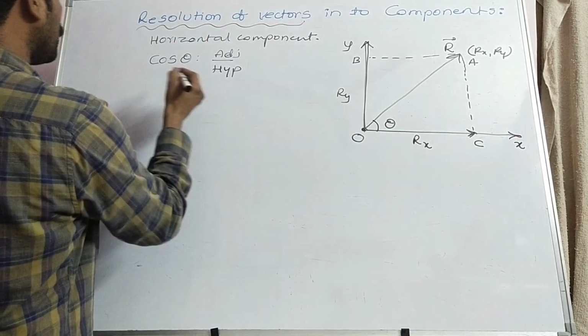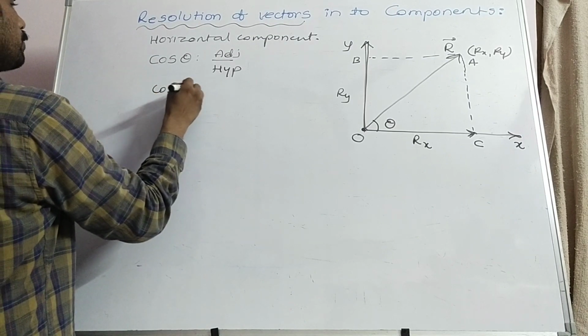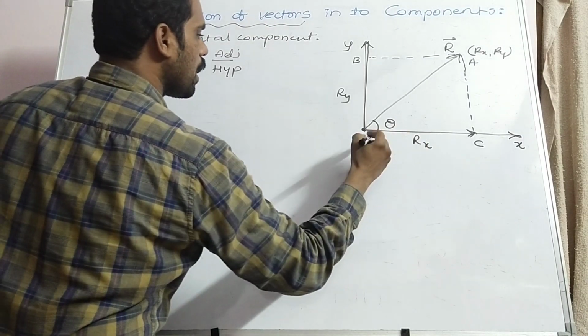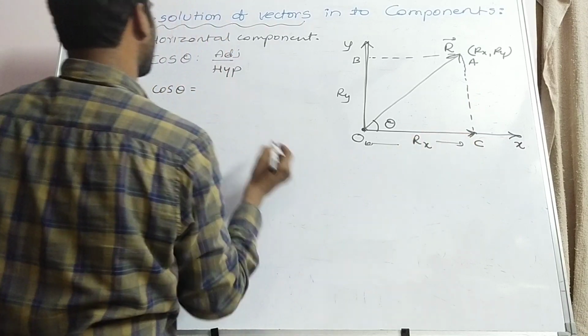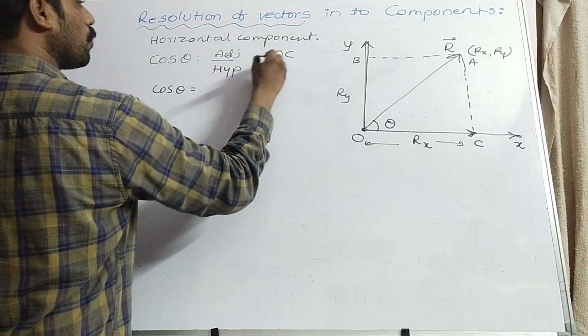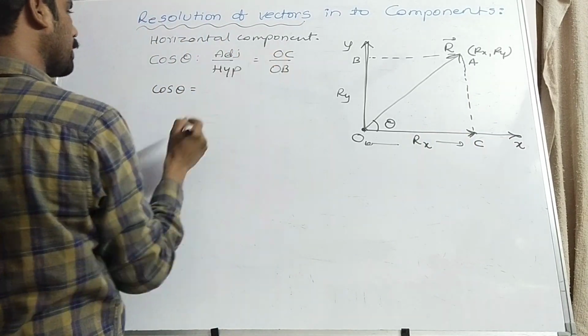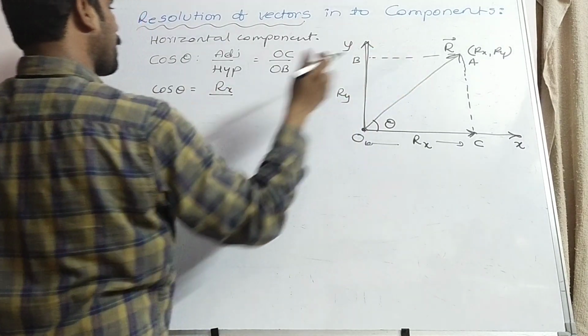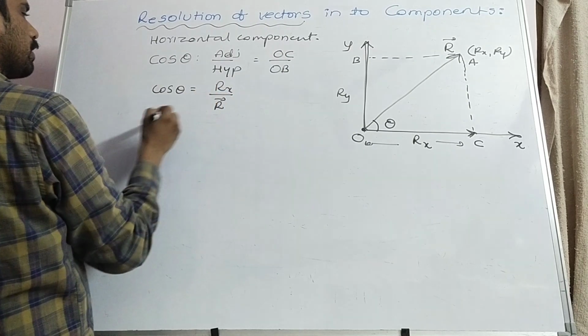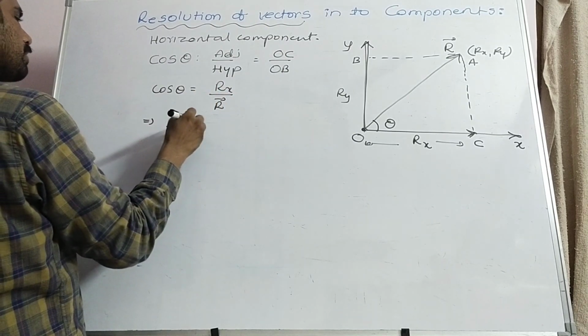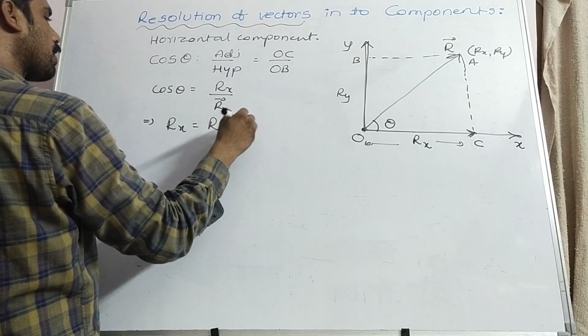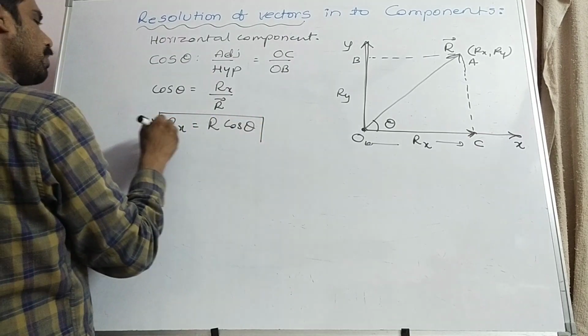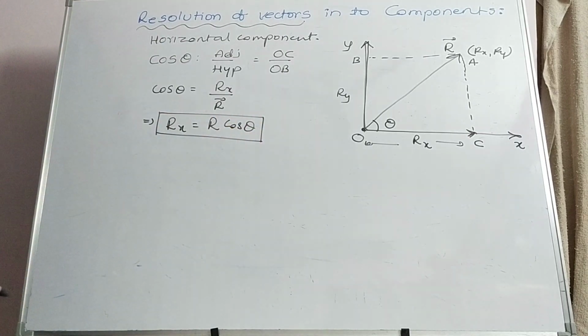So cos theta is equal to rx, that is OC by OB, rx by r bar. That implies rx is equal to r cos theta, the horizontal component.